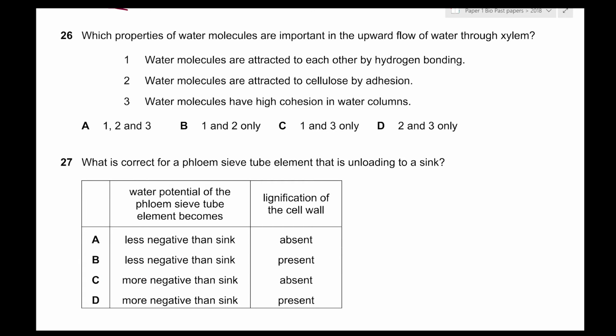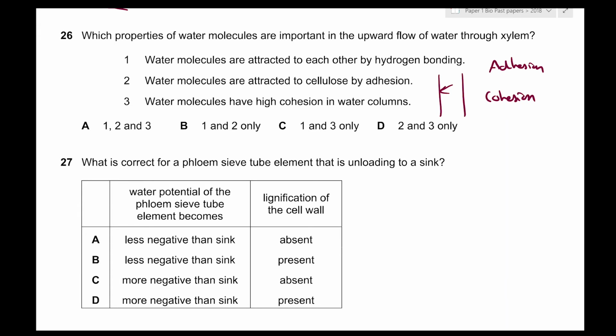Question number 26. Which properties of water molecules are important in the upward flow of water through the xylem? So the most important properties are actually adhesion and cohesion. Adhesion is the attraction between the water molecules and the cellulose cell wall of the xylem, due to the hydrophilic properties of cellulose.